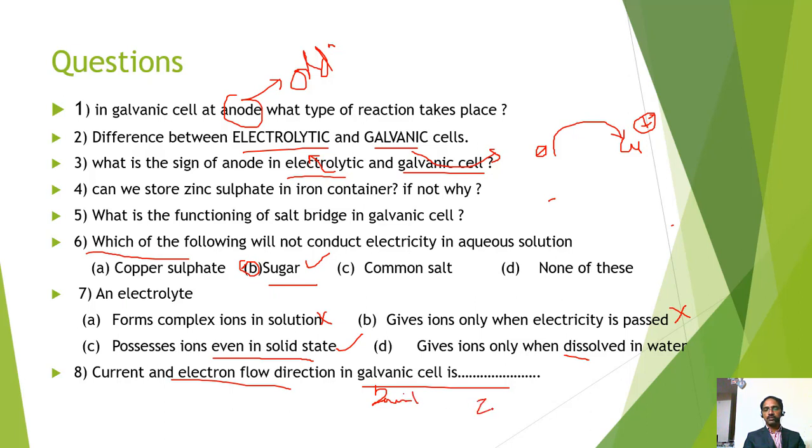The electron flow is from zinc to copper, and then the electric current is from copper to zinc. Okay, this is the thing.